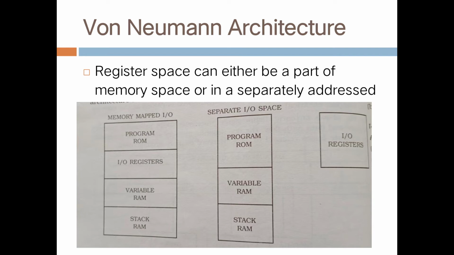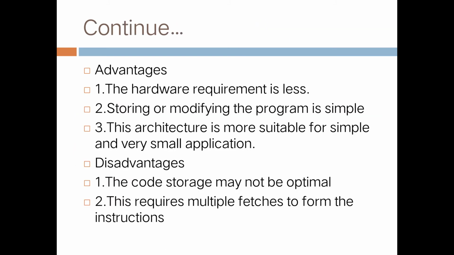In memory mapped input output, there is the same memory for program ROM, input output register, variable RAM and stack RAM. But in the separate input output space type, the input output space is separate, but program ROM, variable RAM and stack RAM are one.